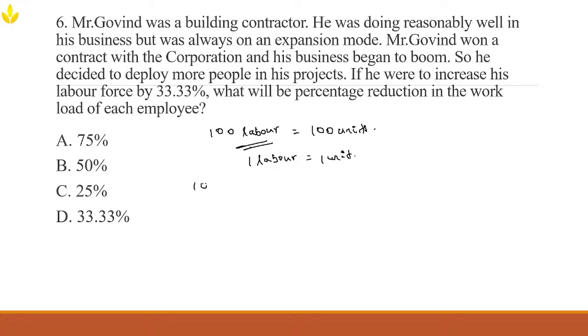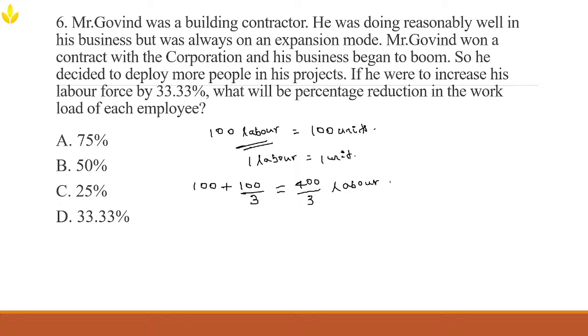Now, for these 100 laborers, we are going to add 33.33% of the laborers. 33.33% can also be written as 100% divided by 3. So that in total gives you 400 divided by 3. So this is the increase which he got in the laborers.